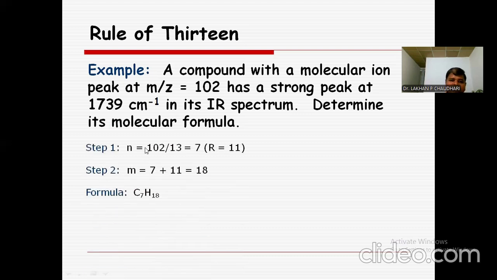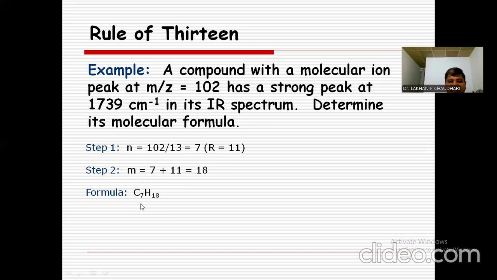To find n, we divide 102 by 13. We get 7 as the answer, and 11 is the remainder. So 7 will be the number of carbon atoms, and for m we add this 7 and the remainder 11, and we get 18. As per the rule, we get the formula C7H18.